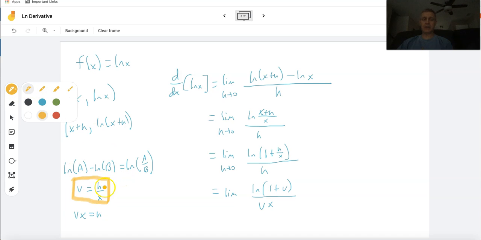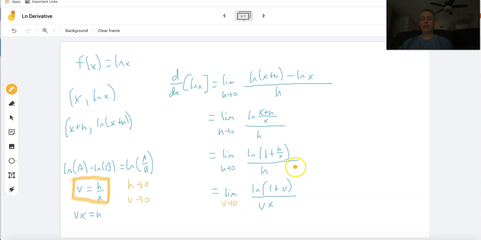Looking at this equation, if h approaches 0 and x remains constant, then so long as x is not equal to 0, this whole fraction h over x will approach 0, which means that v would also have to be approaching 0 for the equality to hold true. And so I'm going to substitute in v approaches 0 into this limit expression so that everything is maintained and still equal.